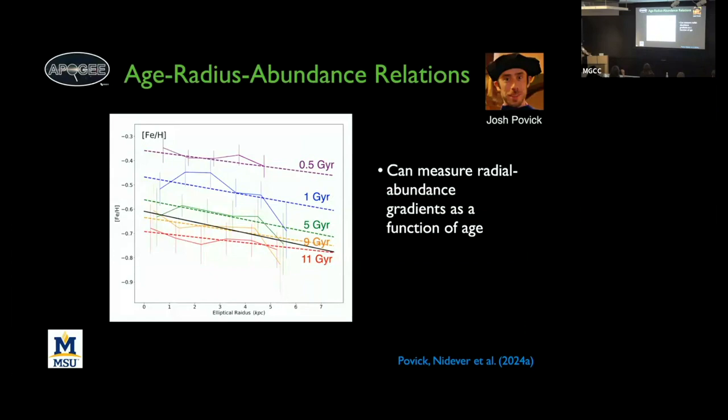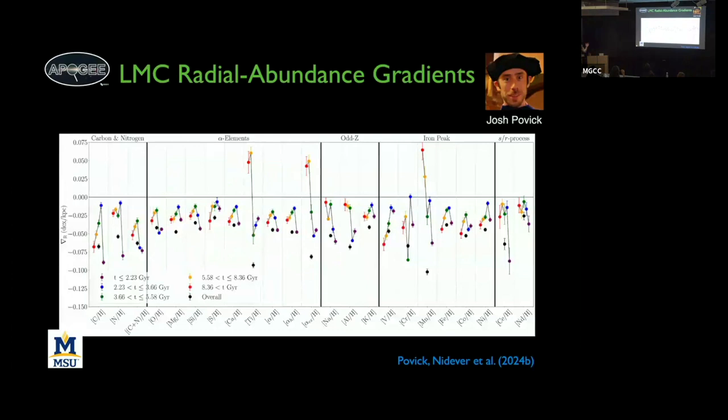And it's very complicated, but here is this one final plot. Don't worry too much about the details. The gradient is on the vertical axis, right? They're negative, they're decreasing as you go outward. And they're grouped into different chemical abundance families. So we have alpha elements there, mainly in the middle.